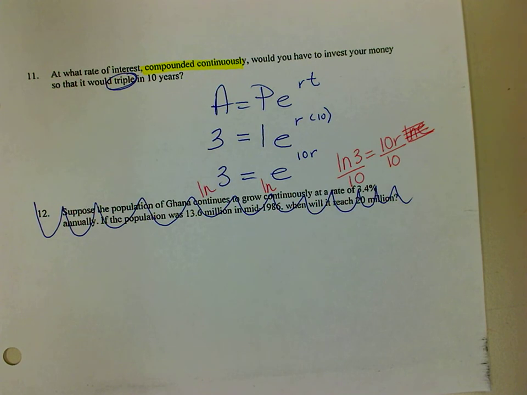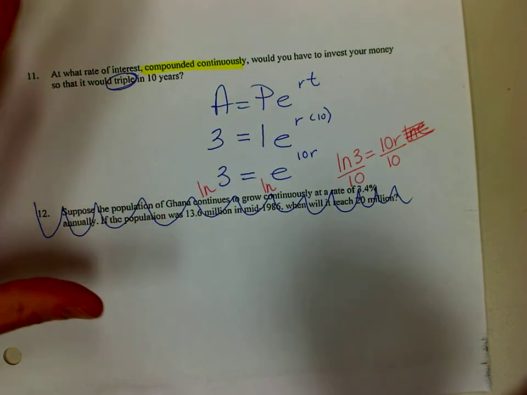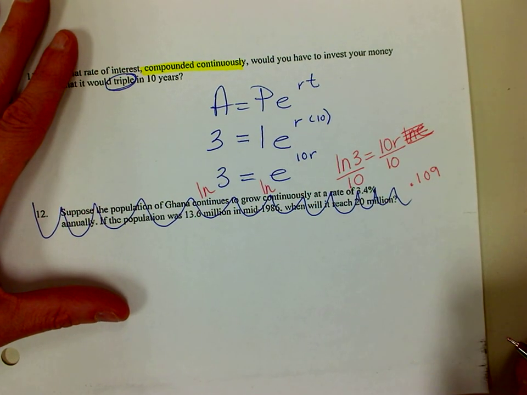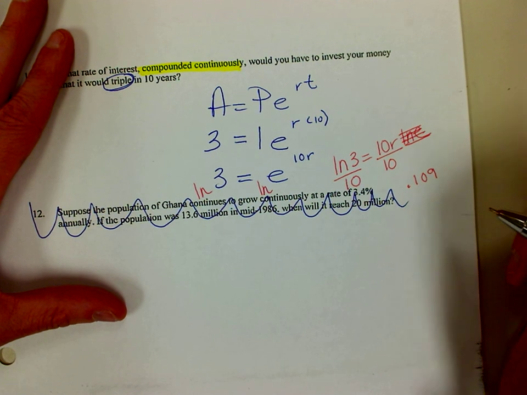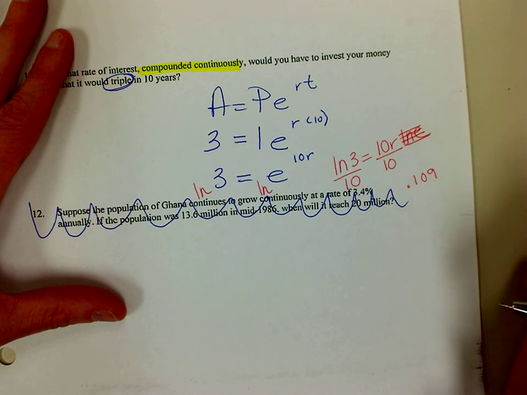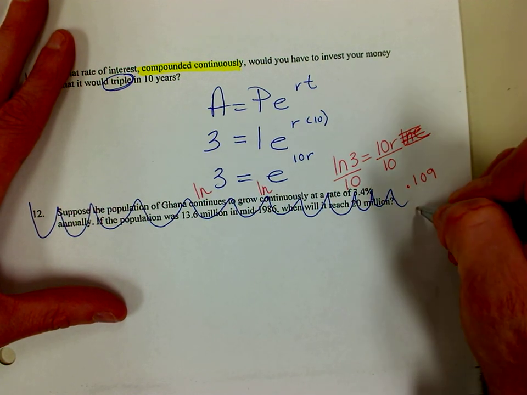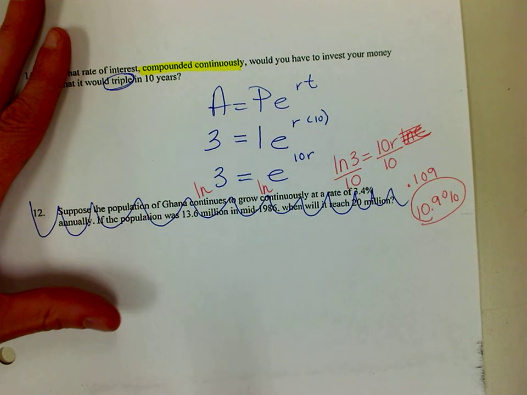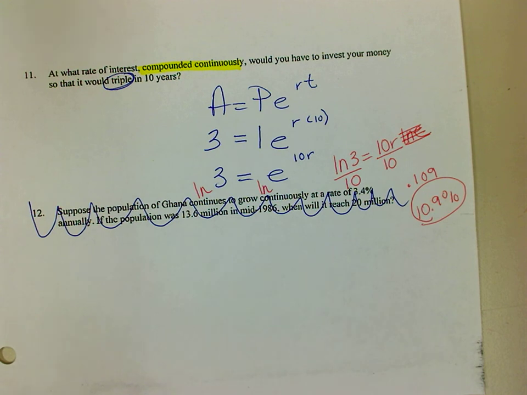So let's see, natural log of 3 divided by 10, I get 0.0109, but I want a rate, so that means I need a percent. So I gotta move my decimal this time 2 places to the right. So my percent is 10.9%. And that is lesson 5-9.